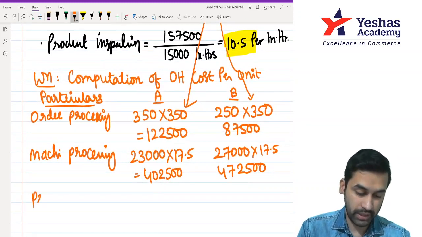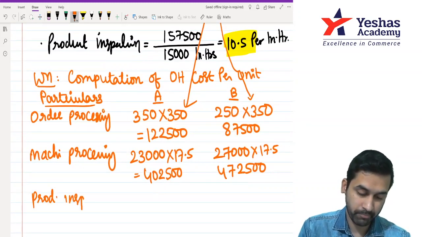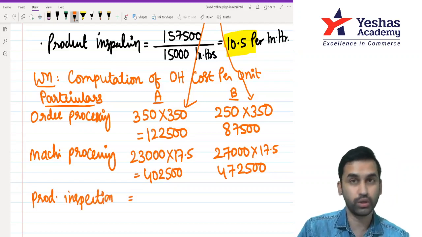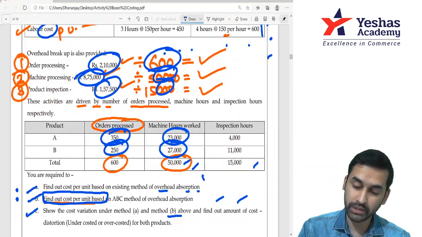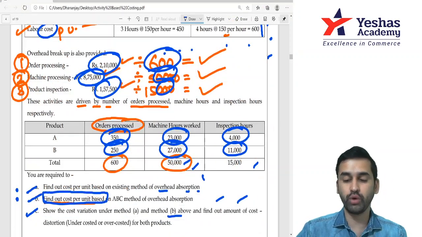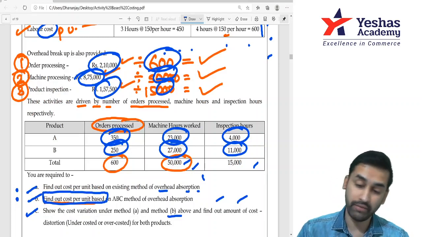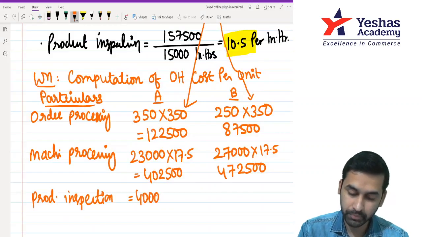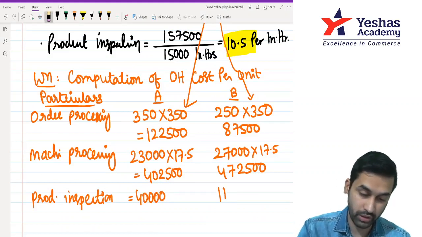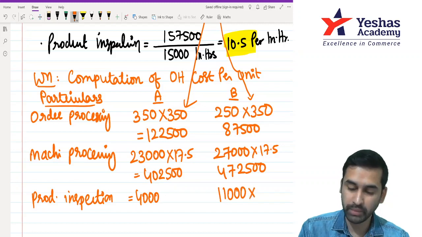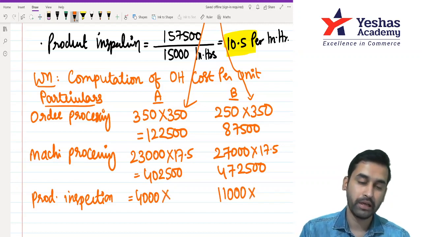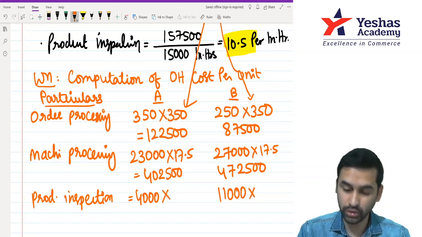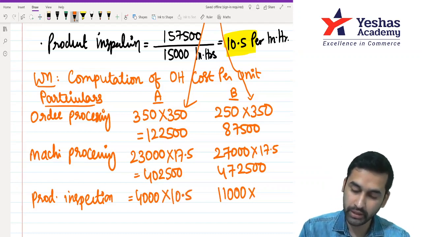Which is the third item? Product inspection. Let me go back to the question. Product inspection is based on inspection hours: 4,000 hours for A, 11,000 hours for B. These should be multiplied by the rate you calculated in the working note just now, 10.5.